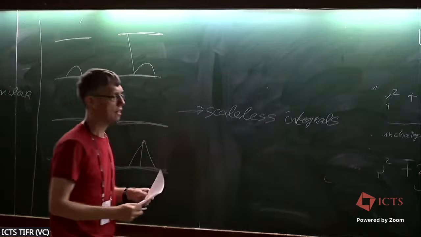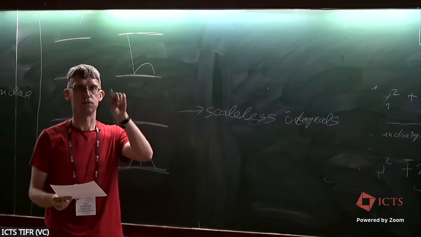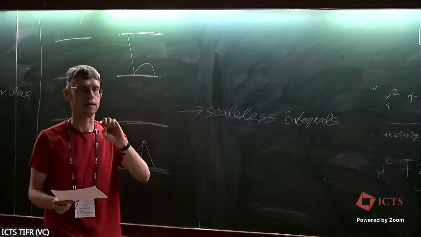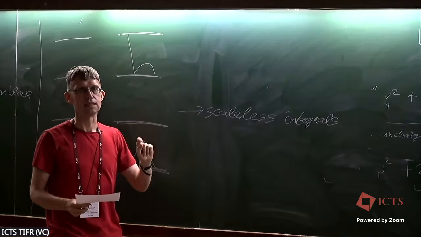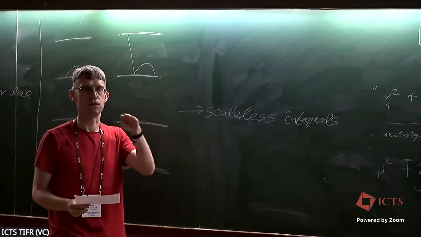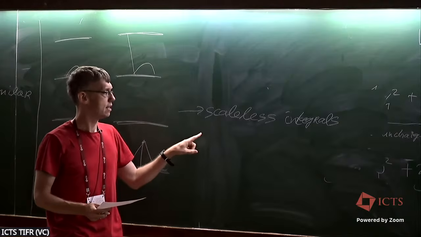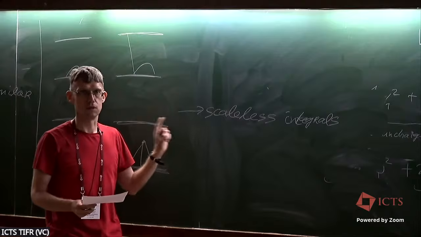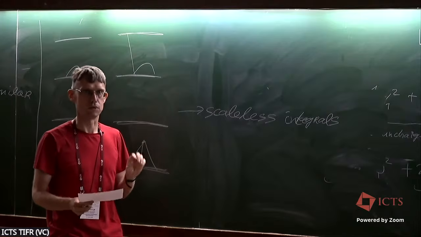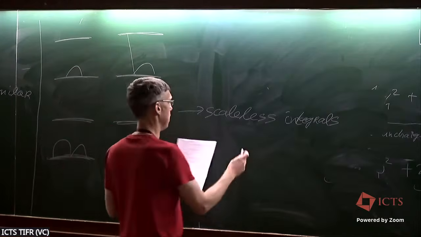Which is to say, in the propagator, you have this integral over k in Fourier domain. Scaleless means that the integrals don't depend on any external variable. They only depend on k. And in dimensional regularization, those contributions are 0, right? So they can be dropped.